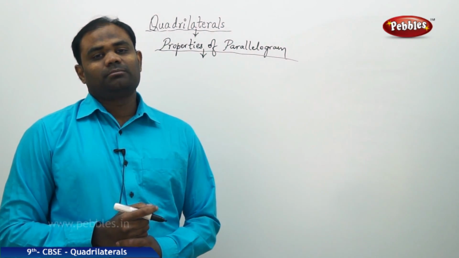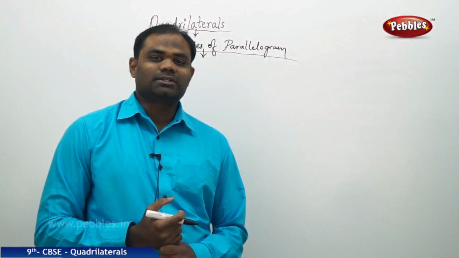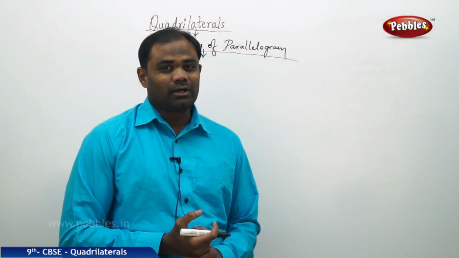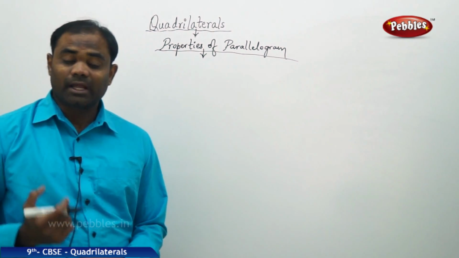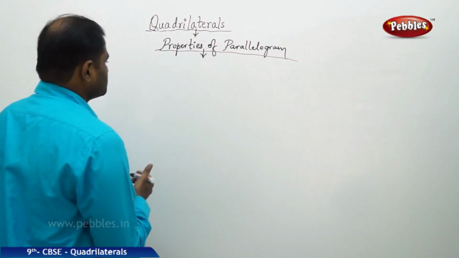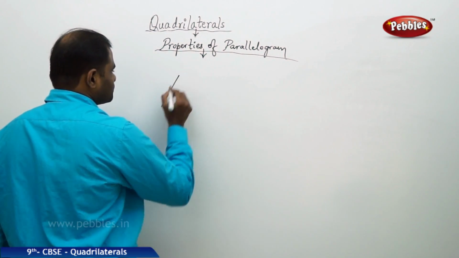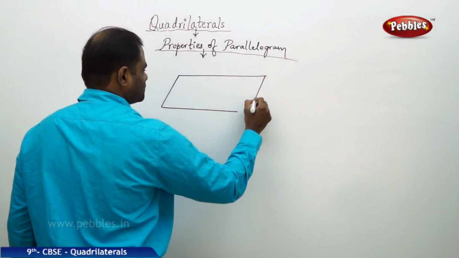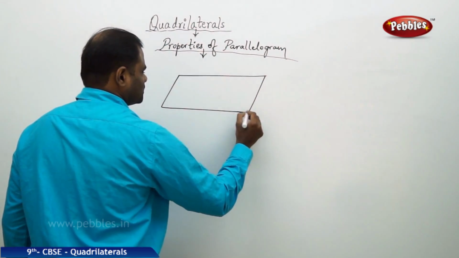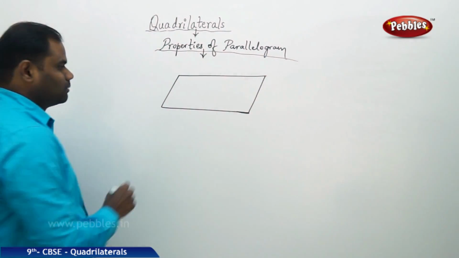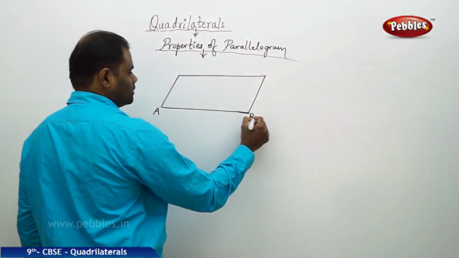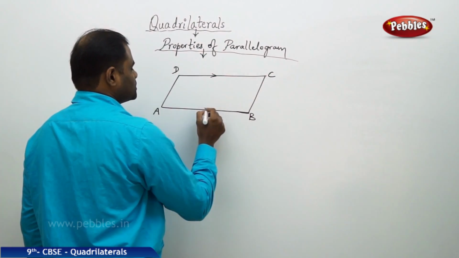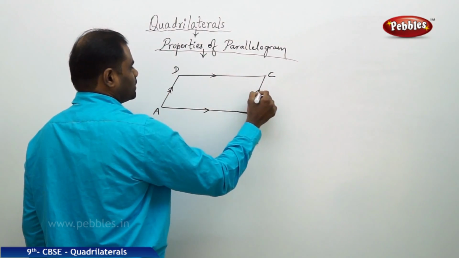One of the most important properties is the one which connects the diagonal of a parallelogram. So let's revisit a parallelogram and its diagonal. We know this is the shape of a parallelogram ABCD, in which opposite sides are parallel.